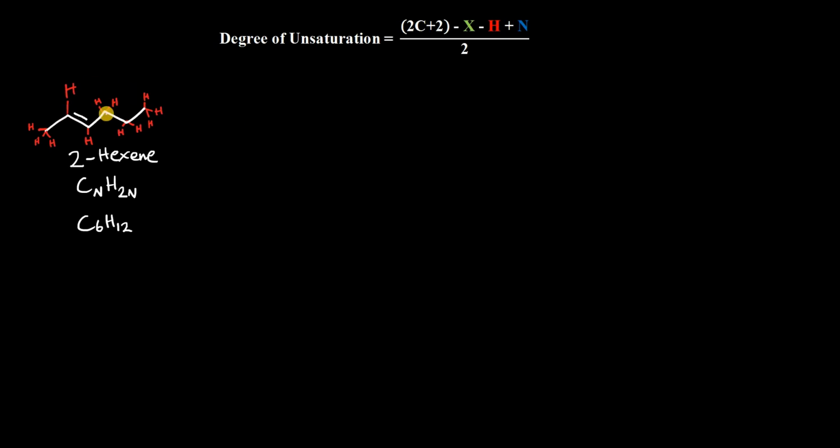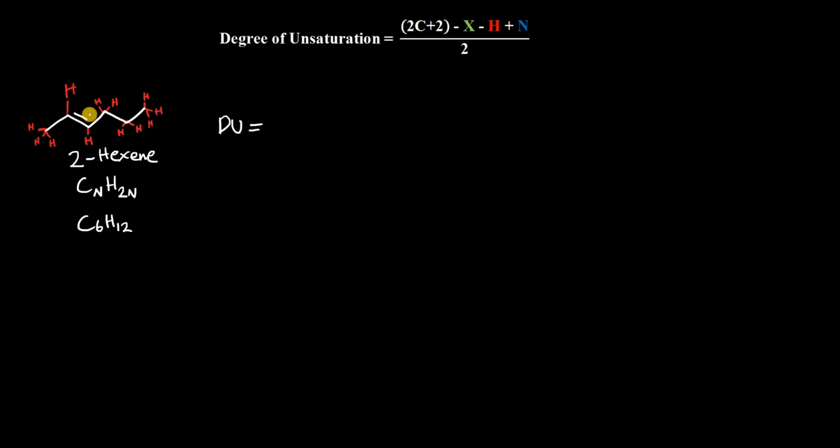So let's try to calculate DU for this, according to this formula. To use this, we don't have any halogens represented by X or any nitrogens by N, so those aren't included in this equation. We just have a hydrocarbon. DU would equal the following. First, we need 2C plus 2, where C refers to the number of carbons in the compound.